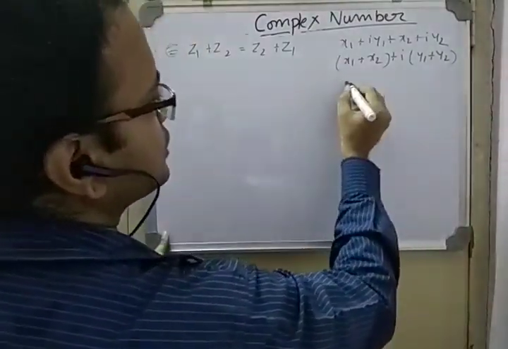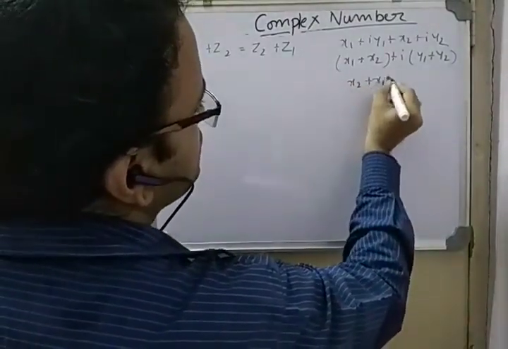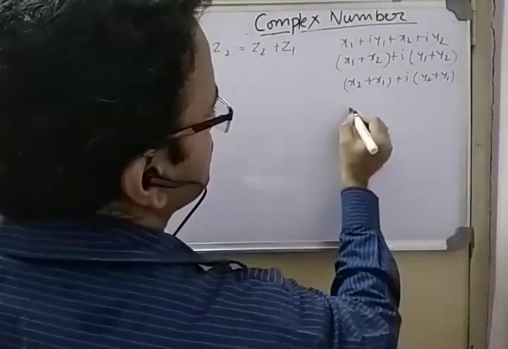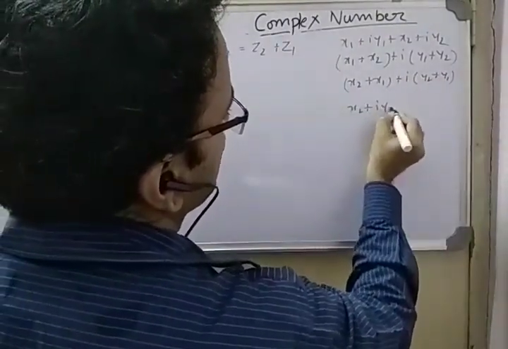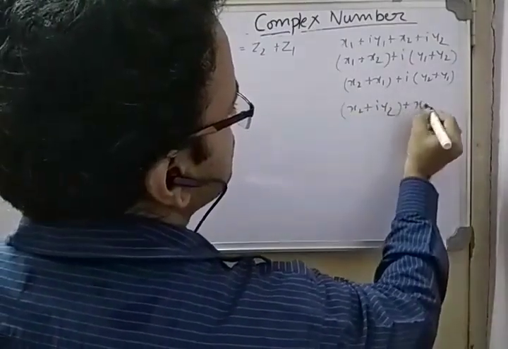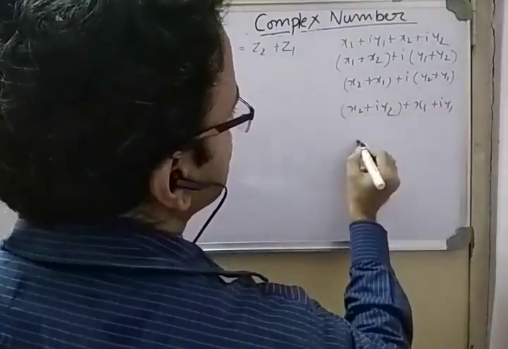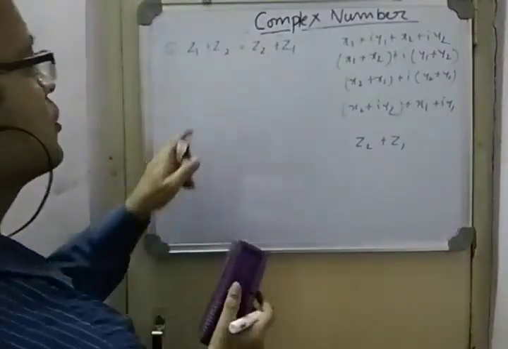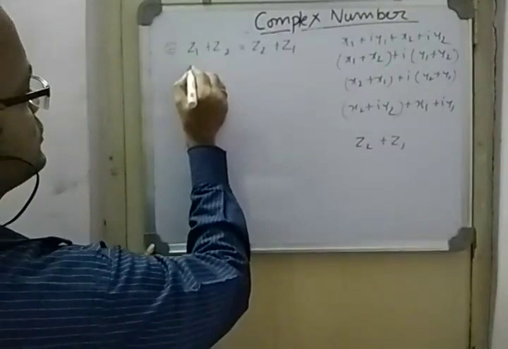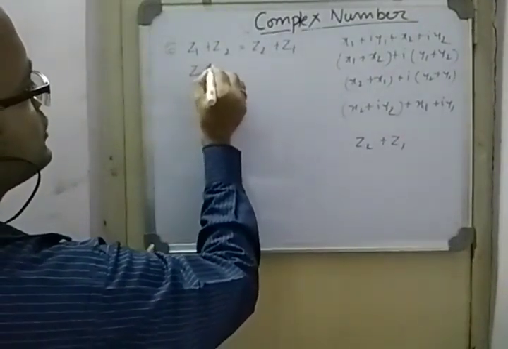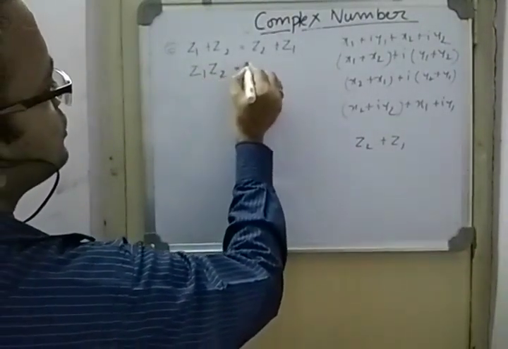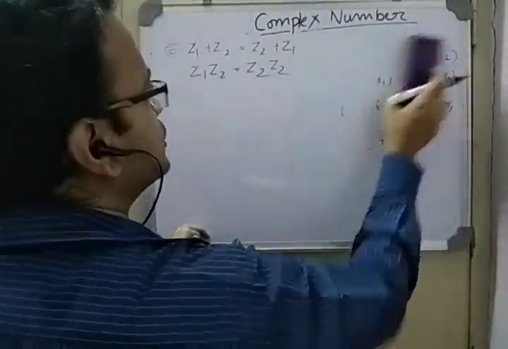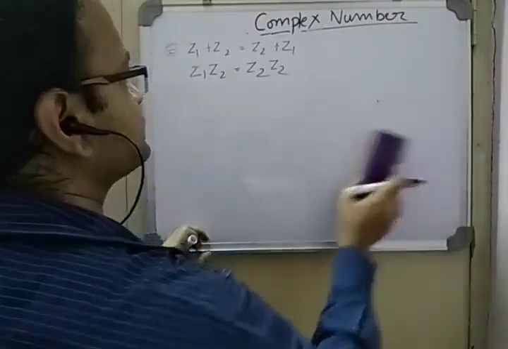So actually we can reverse it: x2 plus x1 plus i into y2 plus y1, which is x2 plus iy2 plus x1 plus iy1. So actually it becomes z2 plus z1. This is called commutative law for addition. In a simple way, you can test z1 z2 equal to z2 z1. This is commutative law for multiplication.